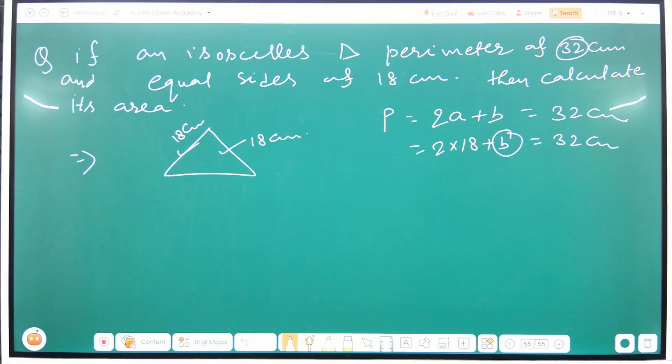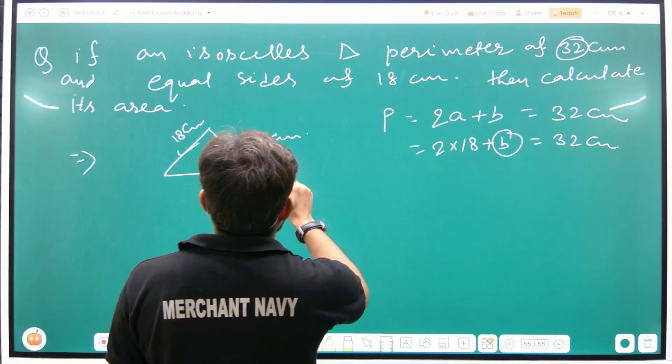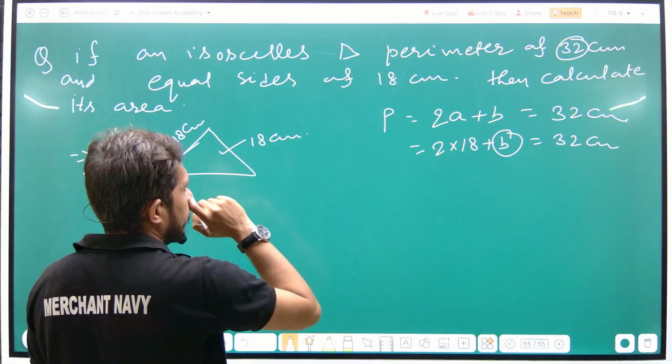So let's see. The perimeter of an isosceles triangle and equal sides of 18 centimeter.